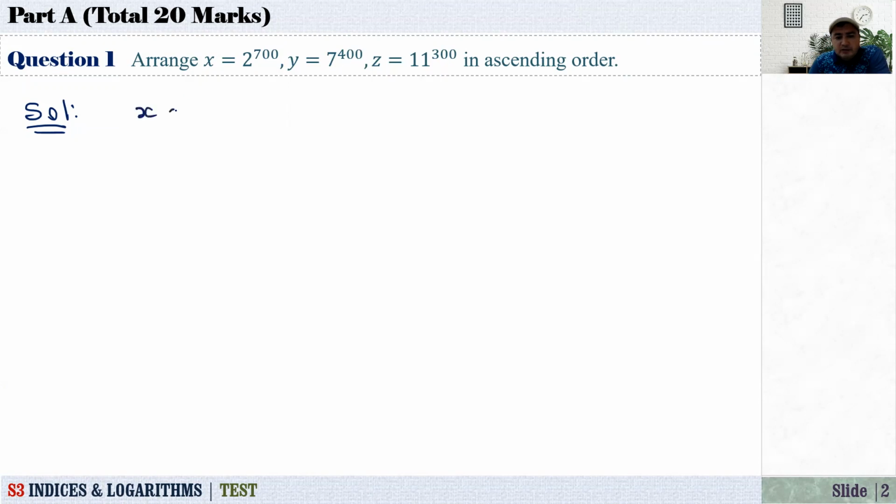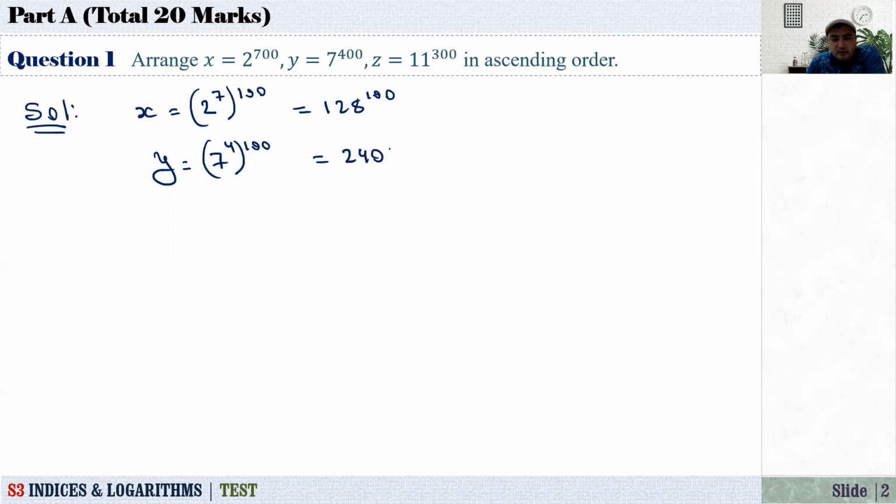So x, I can write as 2 to the power of 7 to the power of 100, which is equal to 128 to the power of 100. And y is equal to 7 to the power of 4 to the power of 100, which is equal to 2,401 to the power of 100.